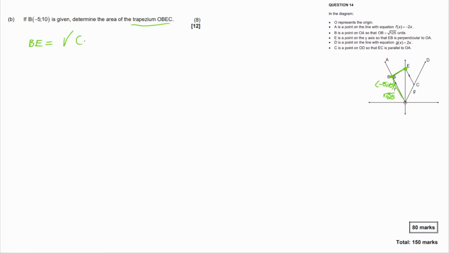So E is the point 0, 12.5. I'm going to say minus 5 minus 0 squared plus 10 minus 12.5 squared. This is the distance BE.